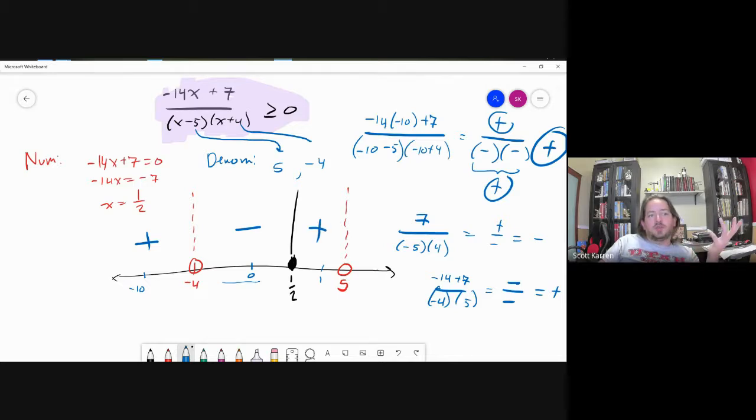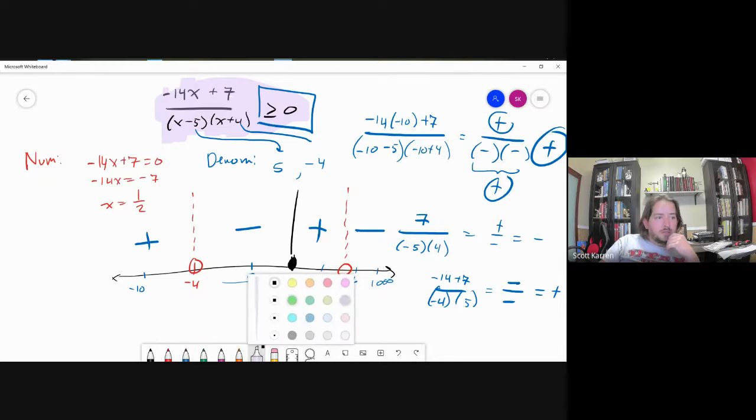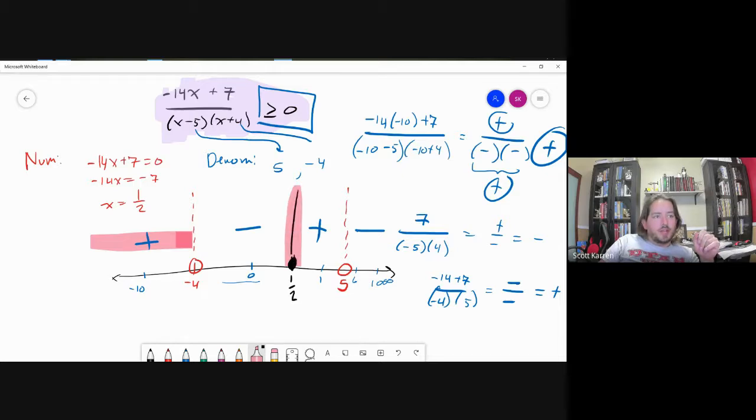And I'll leave it to you. Pick a number over here, 10, 100, 1,000, 6, whatever. Plug it in there. You'll see that you'll end up with a negative. So to answer this question, where is it greater than or equal to 0? That is here, but not up to negative 4. And then including 1/2 up to, but not including 5, right?